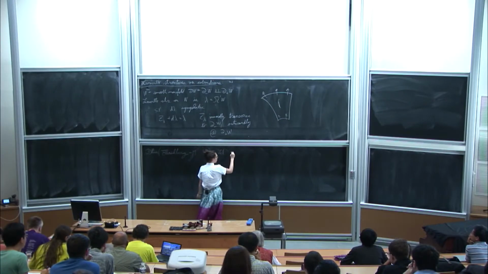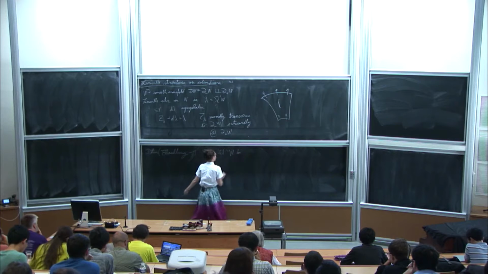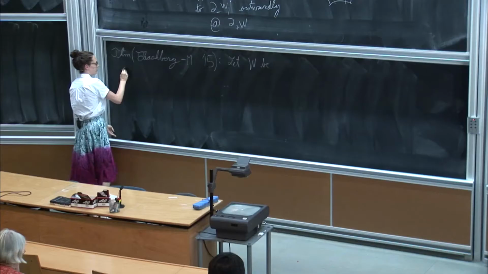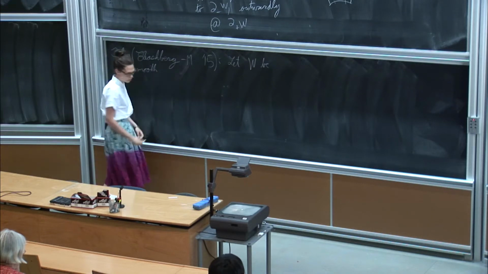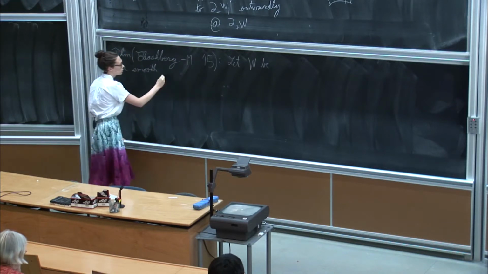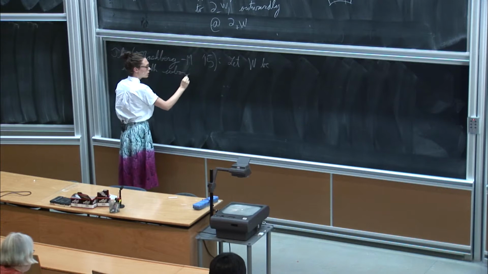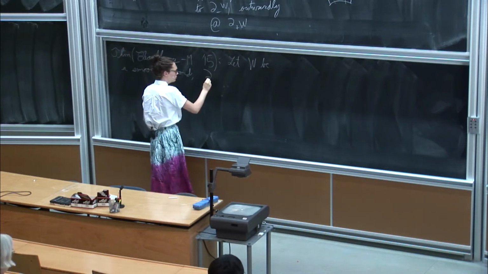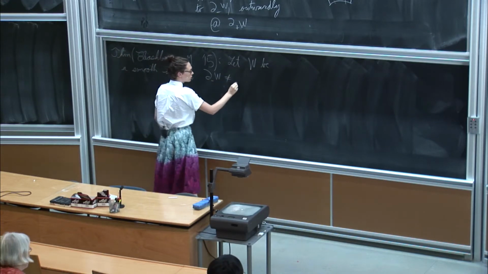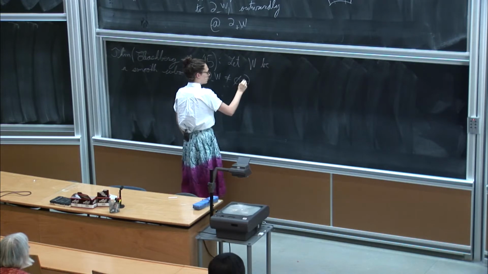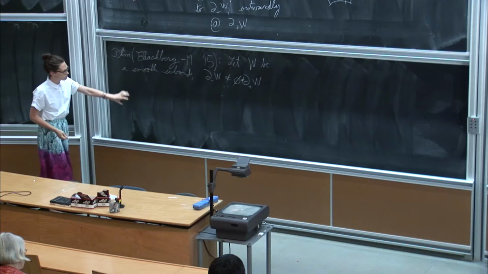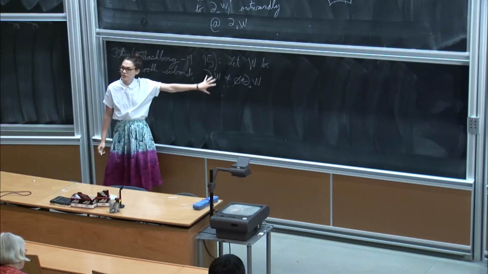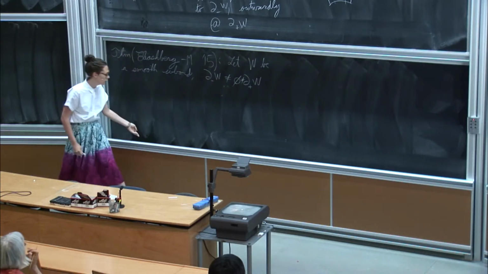So let W be a smooth cobordism, a genuine cobordism in the sense that both boundaries are nonempty.